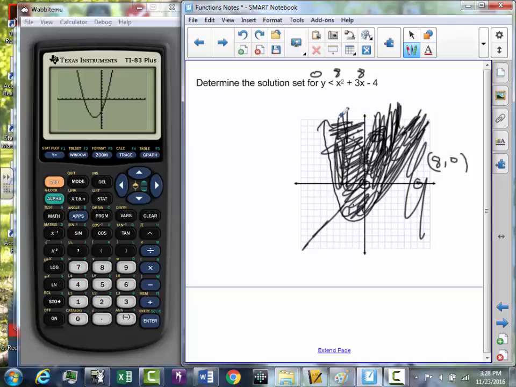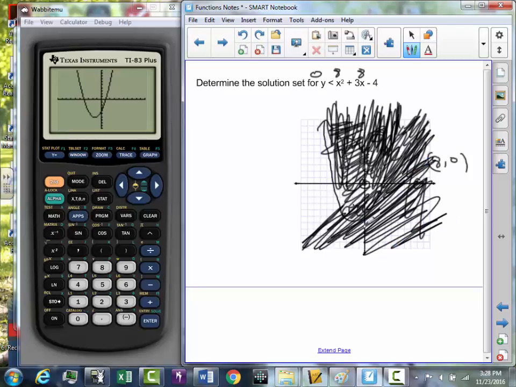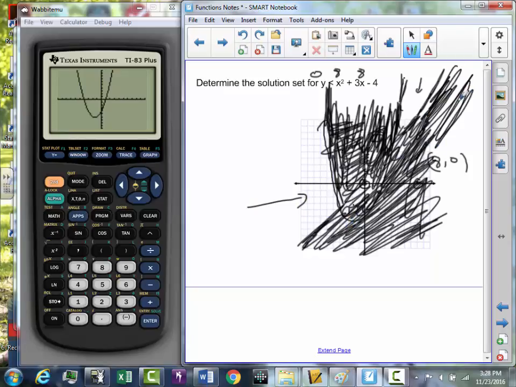Oh, I understand. These are the two that we just did. So if I were to ask you where are there answers, there are answers in this little section here, and there are answers in that little section there. Those are the two places where you could find some valid solutions when we sketch both graphs at the same time.